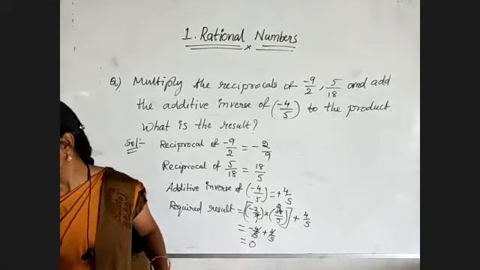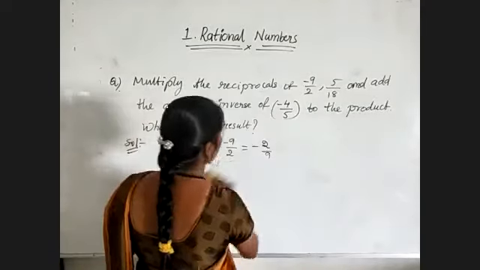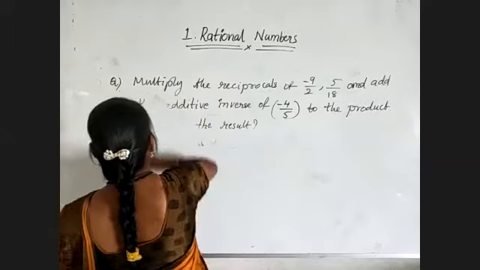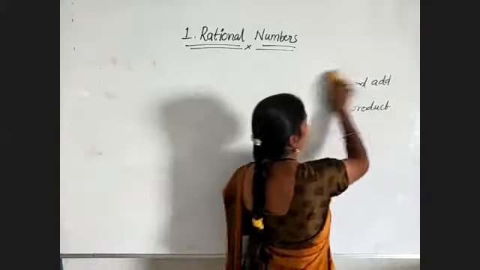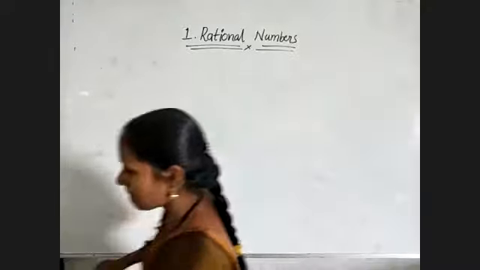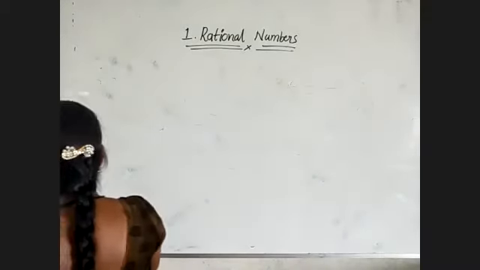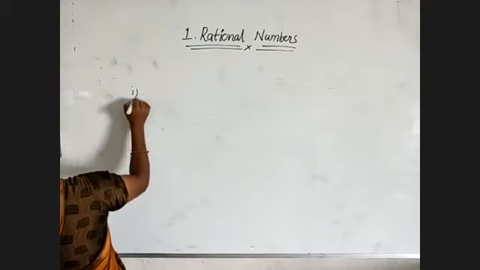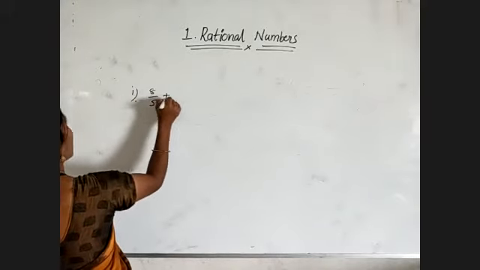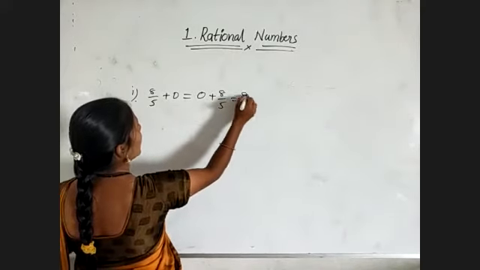Then I will give you some questions, and we will see which properties we have used. 8 by 5 plus 0 is equal to 0 plus 8 by 5 is equal to 8 by 5.